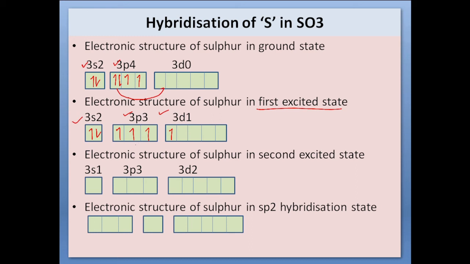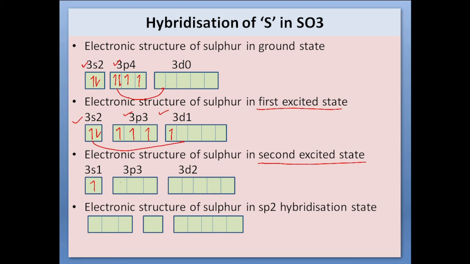In the second excited state of sulfur, a 3s orbital electron jumps to the 3d orbital. So see here, this is the electronic configuration of sulfur in the second excited state: 3s1 3p3 3d2. So in this, the 3s electron jumps to the 3d orbital.